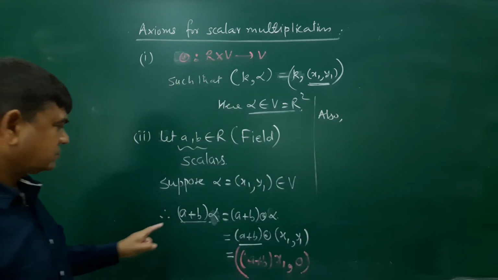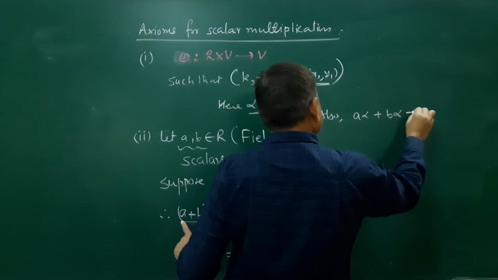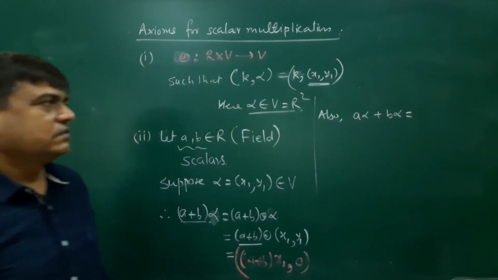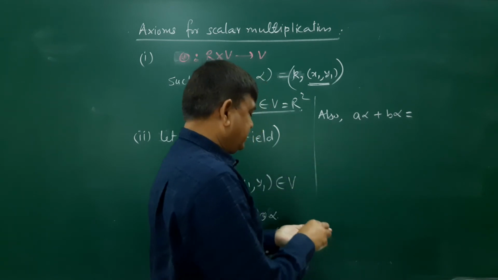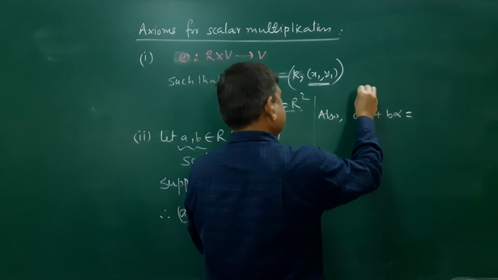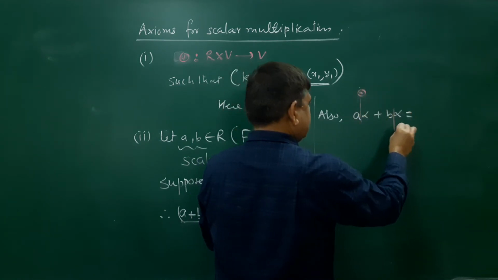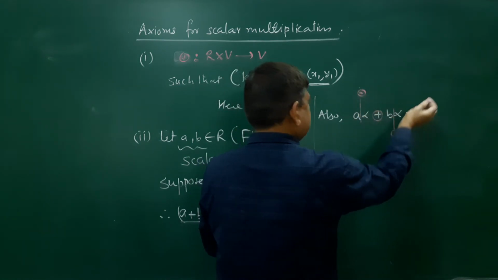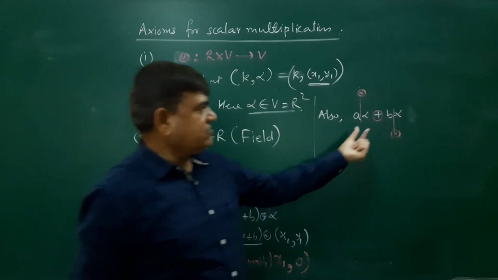Also, remember the sign here, scalar multiplication. The sign is scalar multiplication and this is vector addition.